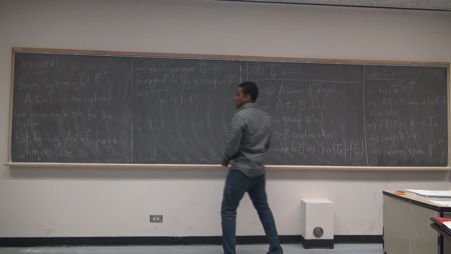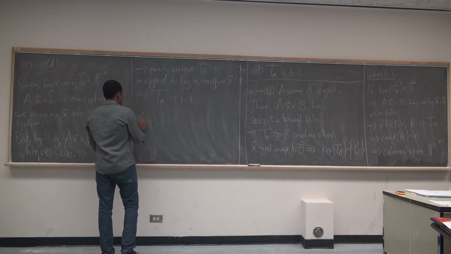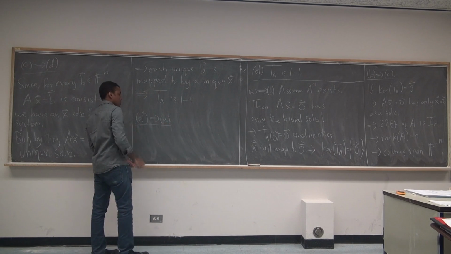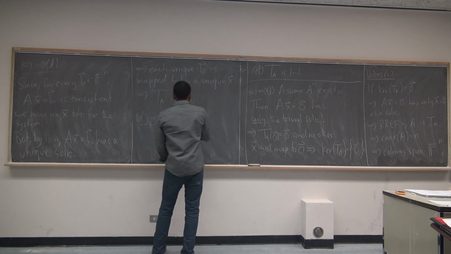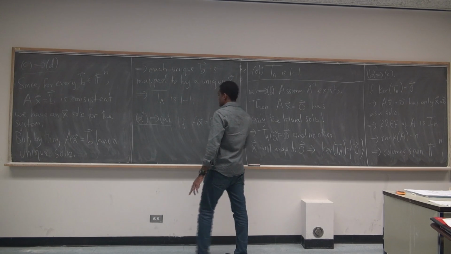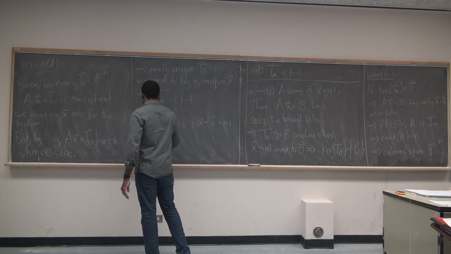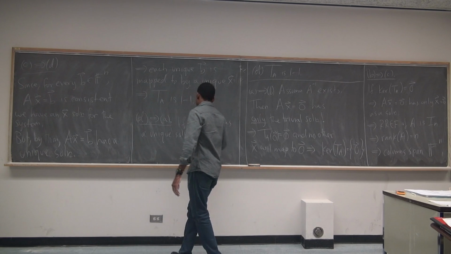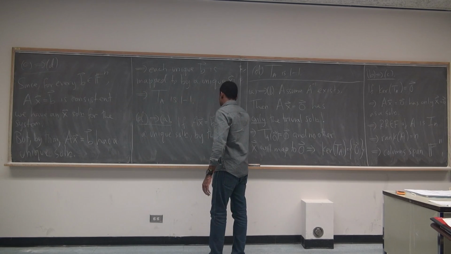And now what about D implies A. Well, if AX equals B has a unique solution, then again, by theorem, this is equivalent to A being invertible.